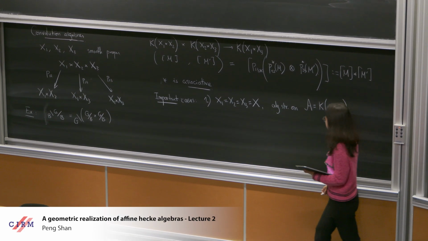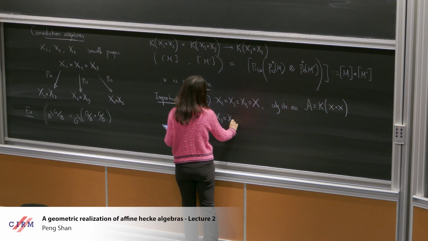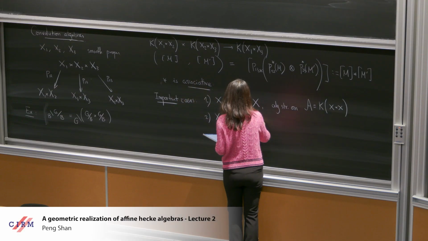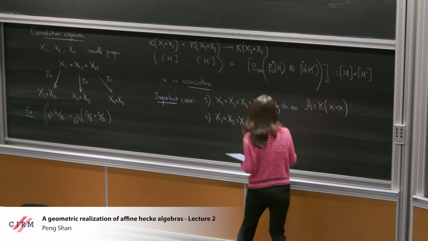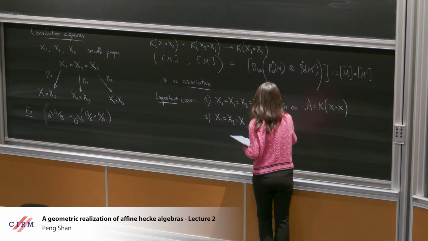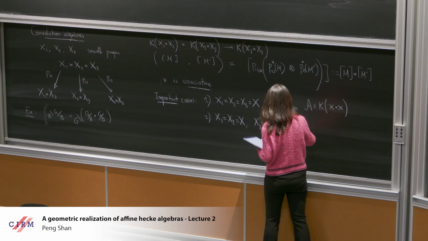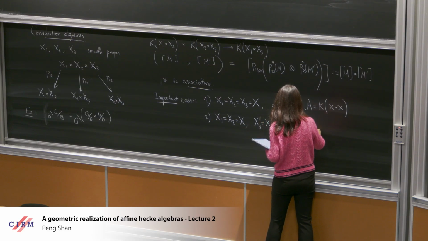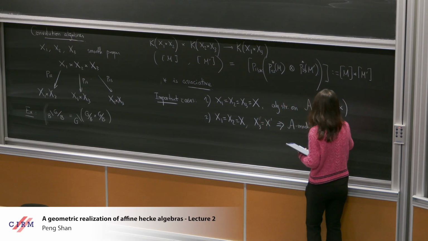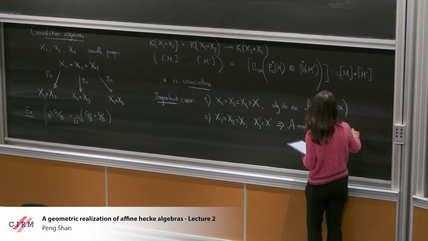And second, you can take x1 equals x2 equals x, and then you take x3 equal to another variety, x prime. Then you look at this. Let's say A is this, so you get an A module structure on the K-theory of x times x prime.